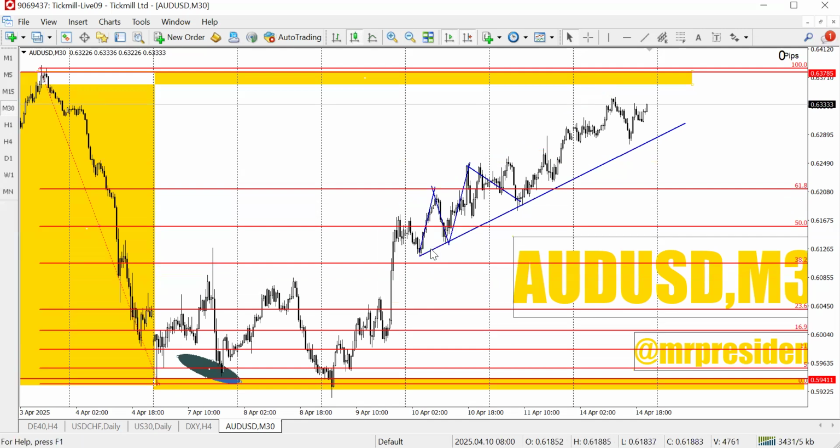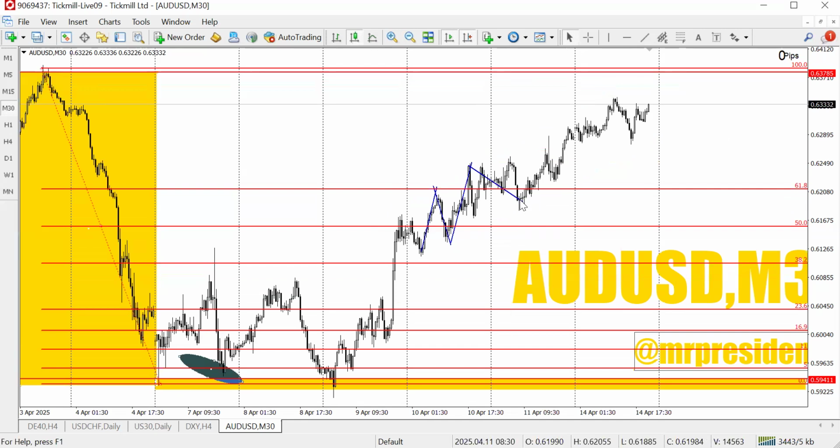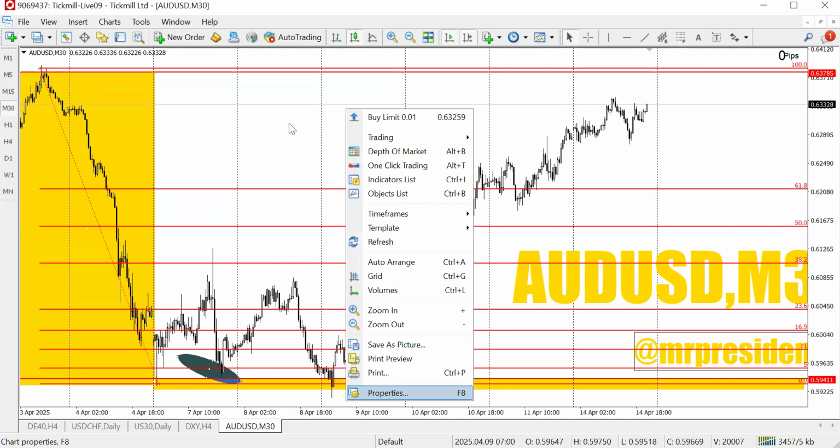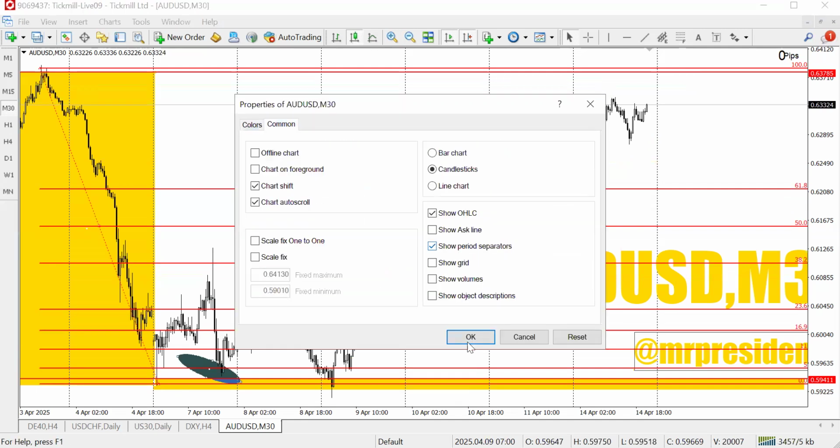You can see mine. I'm gonna delete these trend lines and these rectangles just to have fewer things going on. And I'm gonna remove those period separators. I think they're also causing a bit of chaos.